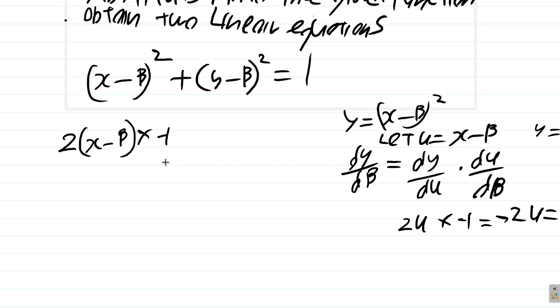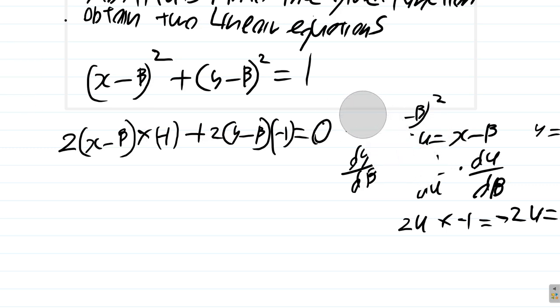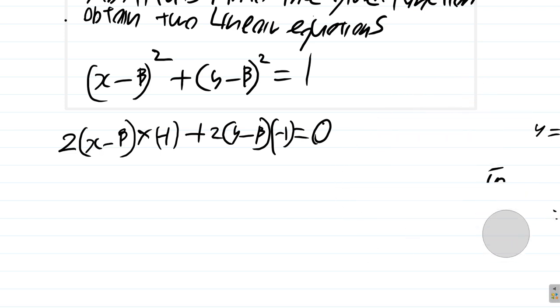Alright? You see that? And then it will be the same story here. You have 2(y minus beta) and negative 1. That's equal to 0, because when you differentiate 1, you get 0. I remember what happened over here was just reminding of the use of the chain rule.